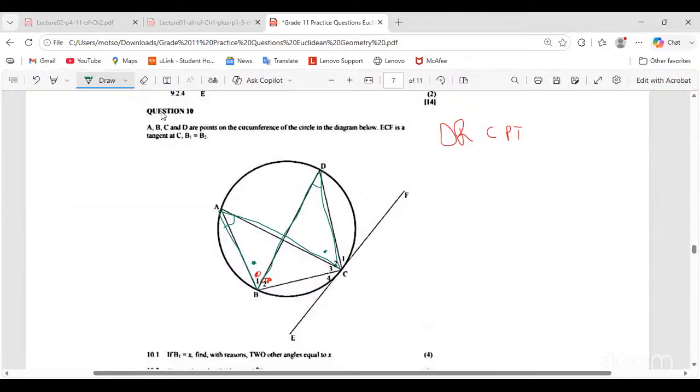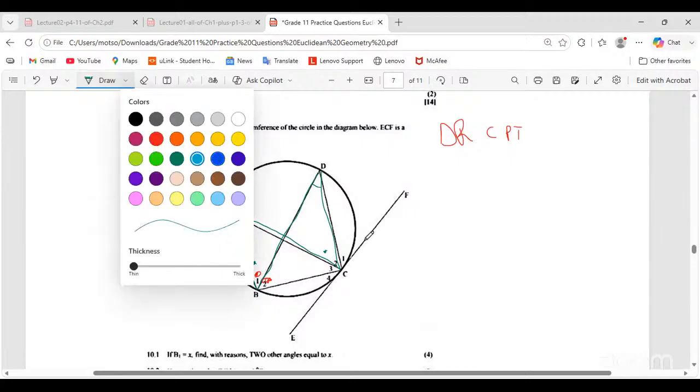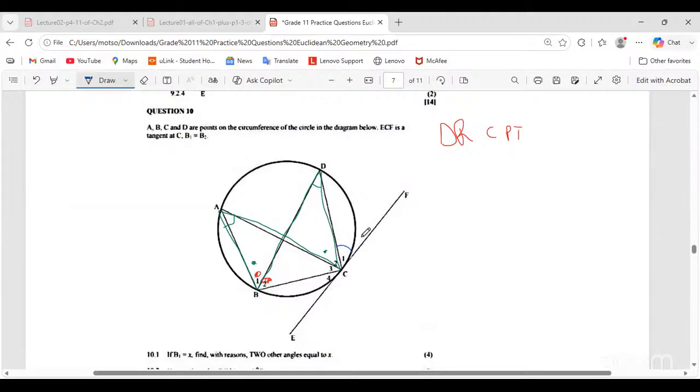T, the tangent, we can go for the tan chord theorem. The tan chord theorem states that the angle between the tangent and the chord, which is C1, will be equal to the angle that is opposite that chord, in the triangle. Now angle B2 will be equal to angle C1.